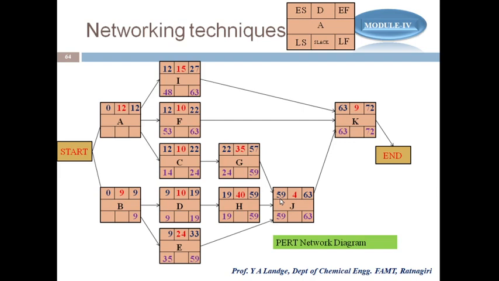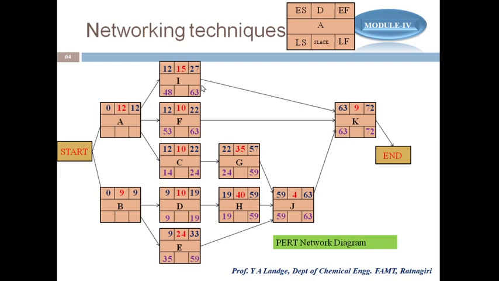Similarly, now if you see activity B, D and E are the forward activities. It means B is the predecessor for D and E. Now which value do we use here? The latest finish. Here the latest start of D is 9 and the latest start of E is 35. Now from these two, which one do you choose?